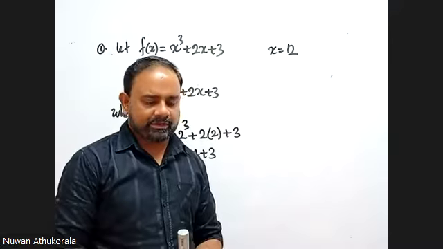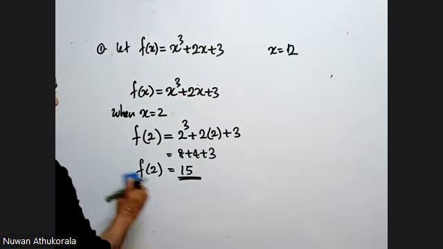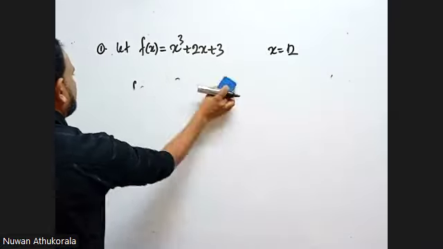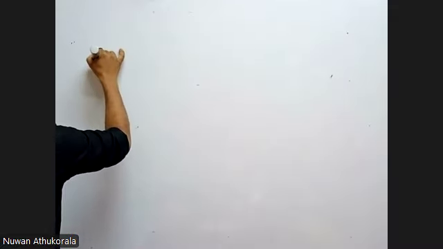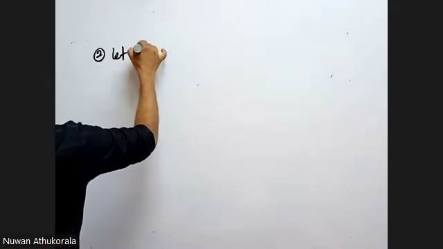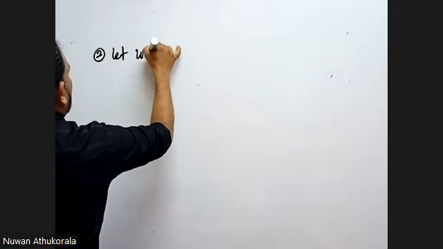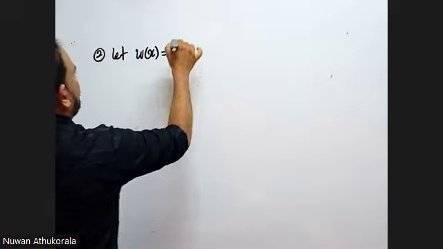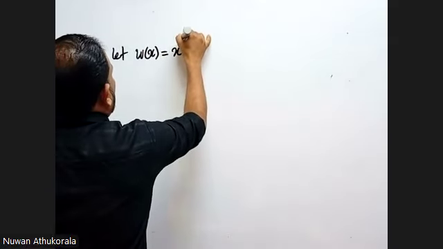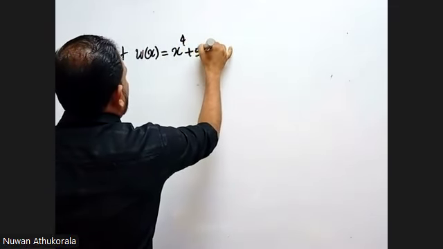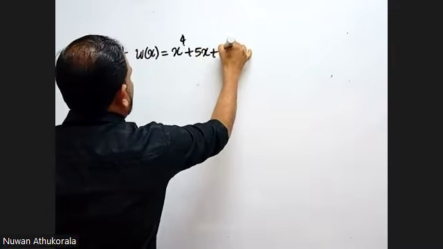Write down the second question. Let wx equal x to the power 4 plus 5x plus 9.